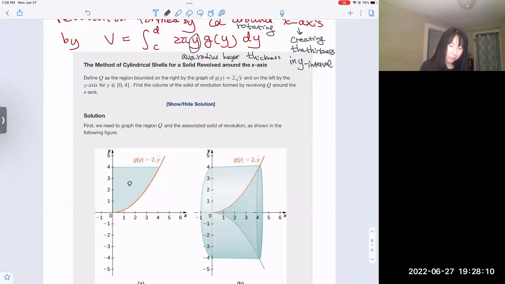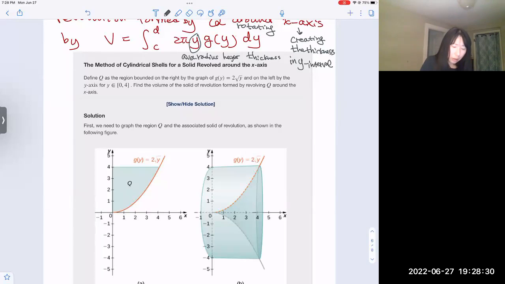Okay, so look, revolving about the x-axis this time, then we're generating a cylindrical shell in the y interval.